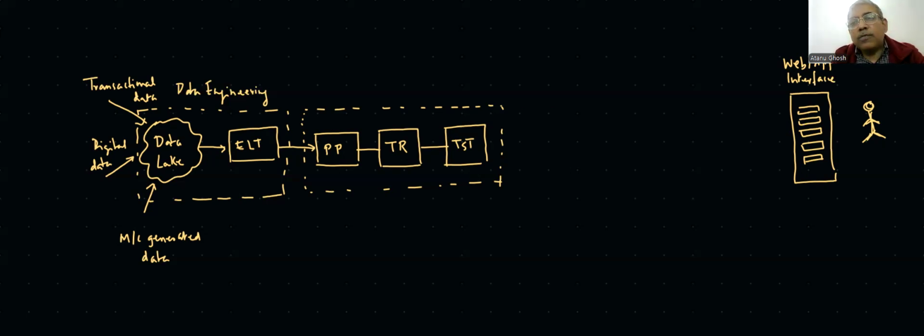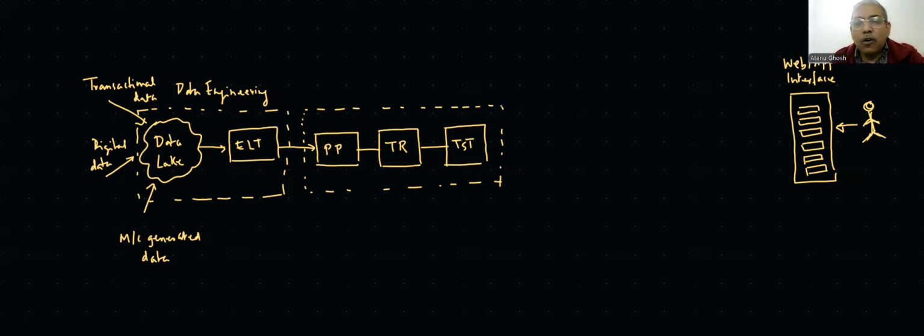So all these features, the customer service executive is going to input on a web interface. Sometimes instead of a web interface, this can also be an application where the customer service executive will upload a file, which is a list of attributes for different customers.